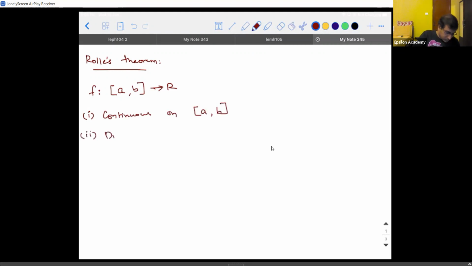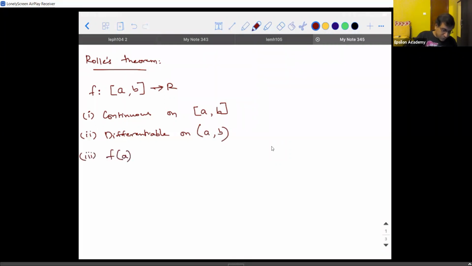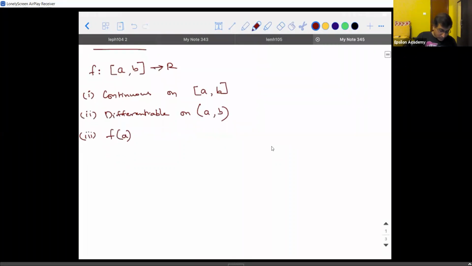Second, it should be differentiable on the open interval a to b. Clear, guys? And the third is, the function value at a is equal to the function value at b.